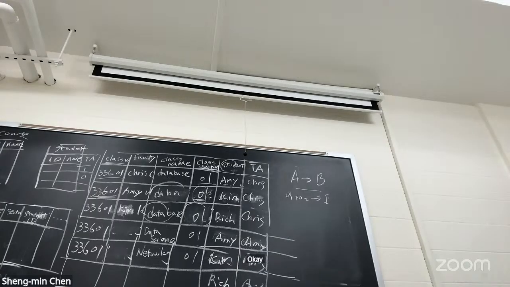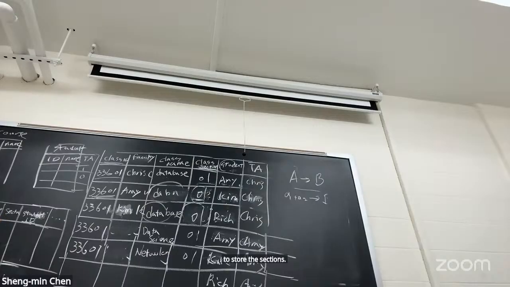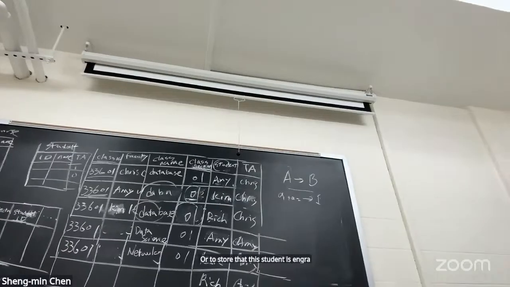Okay, so you use another table to store the sections, to store that this student is enrolled in that class and section, right? So in that case, it will be course ID, section, and student ID together as composite keys. And is that going to be an issue? No. Right?